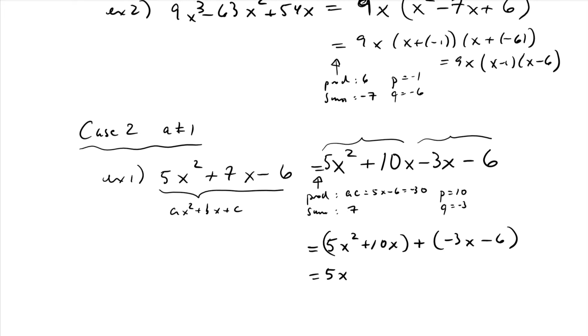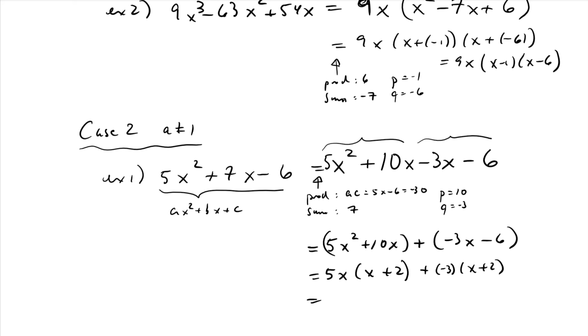I can pull out 5x here, and I'm left with 5x times (x plus 2). And here, if I did my job correctly with the number that I've chosen, I should end up with a factor of x plus 2 with the other pair of terms. So I can pull out a minus 3, and I get (x plus 2).